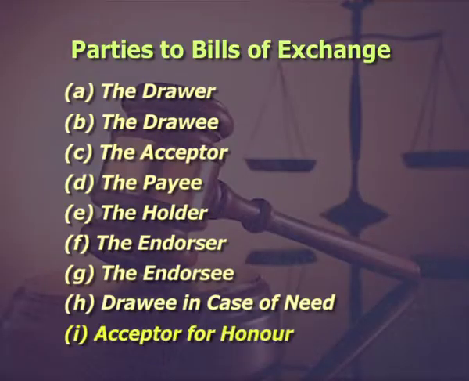And lastly, acceptor for honour. Further, any person may voluntarily become a party to a bill as acceptor. A person who, on the refusal by the original drawee to accept the bill or to furnish better security when demanded by the notary, accepts the bill supra protest in order to safeguard the honour of the drawer or any endorser is called the acceptor for honour.